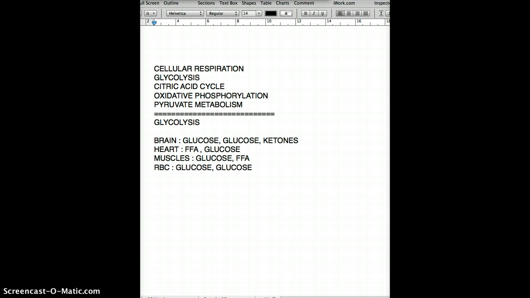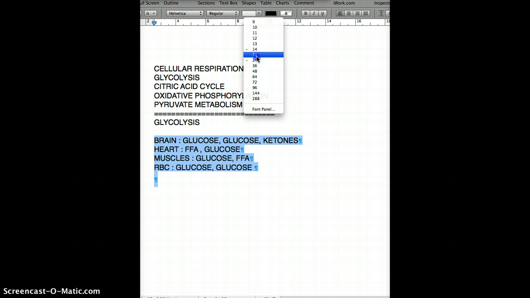Before I talk about glycolysis, there's something very important to understand, and that is what is the primary source of energy in a brain, heart, muscle, and RBC. That's going to be my first question.